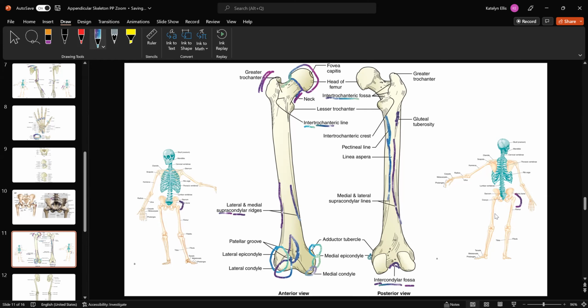And you can see some of those grooves, and you can absolutely see these condyles, especially from the back. You can see these condyles and these attachments for a lot of these large muscles that call for flexion of the knee and extension of the leg.